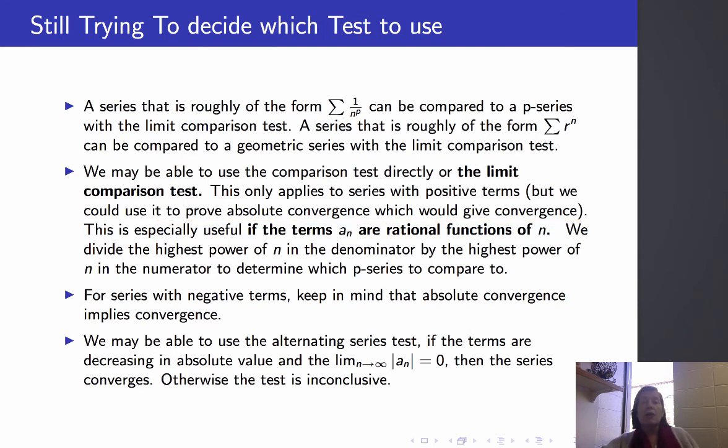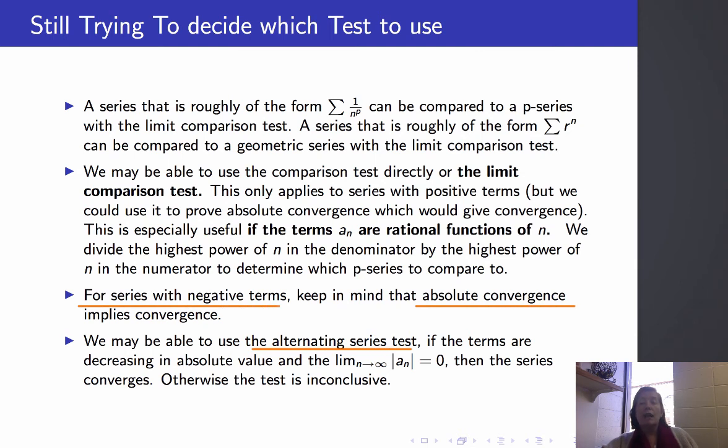The comparison test is especially useful if the terms a_n are rational functions of n. And then, of course, the trick is to divide the highest power of n in the denominator by the highest power of n in the numerator to figure out which p-series we should compare to, and then apply the limit comparison test.